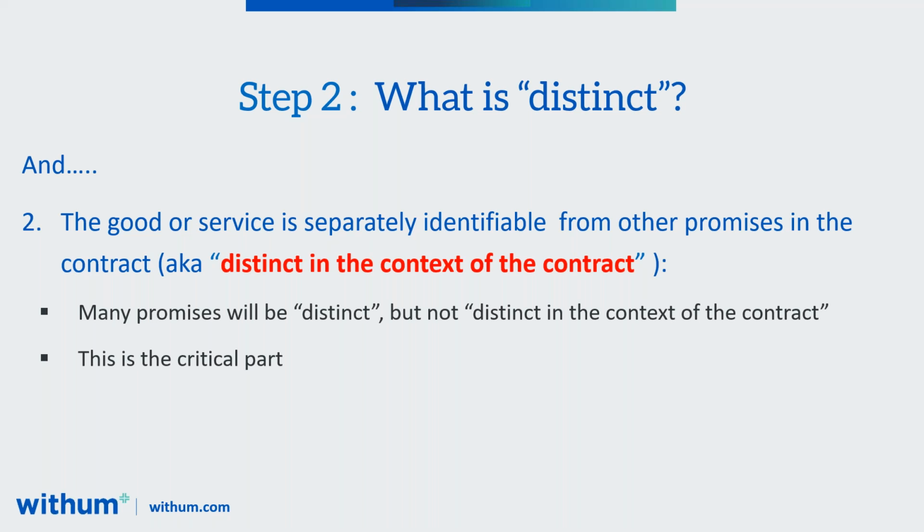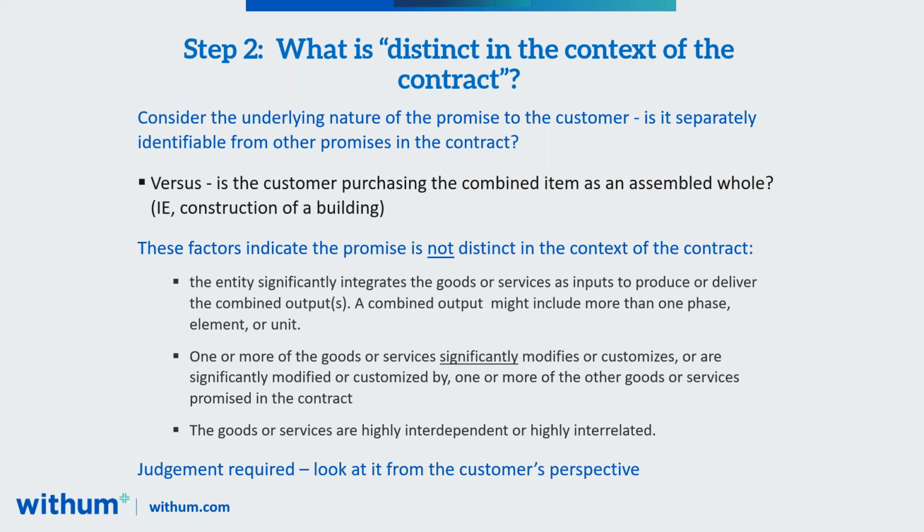Again, there may be differing points of view between you as the organization and your customer. So let's just dig in a little bit more into that idea of what is distinct in the context of the contract. The FASB did give us 3 factors to think about. I've listed them in those last 3 bullet points here on the slide.